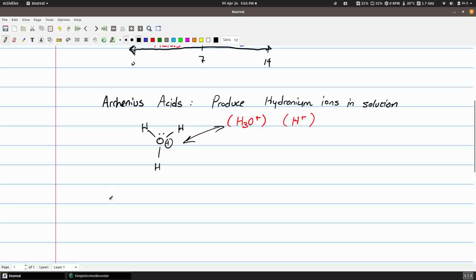So an example of this would be like hydrobromic acid, which would be HBr.